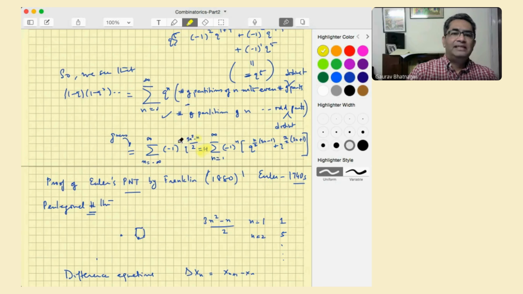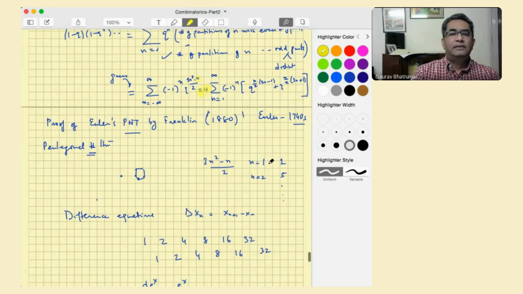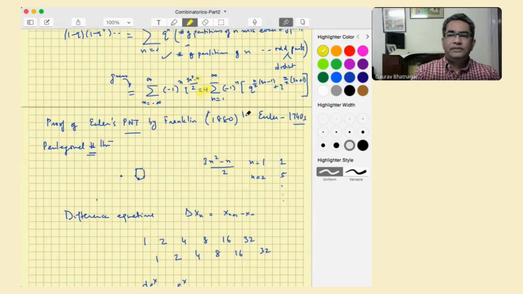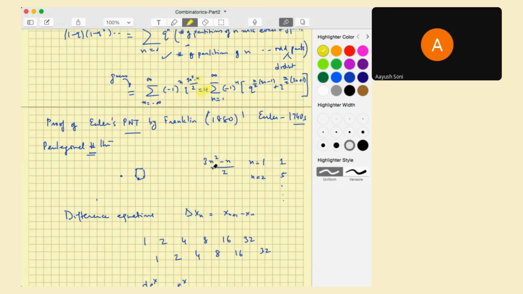So you replace n by minus n. Then you'll get n by 2, 3n plus 1. And this was already there. So they all match up. I mean, they match up in this case. Right. Does that answer your question? Yes, professor.